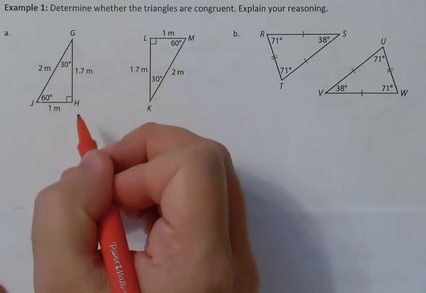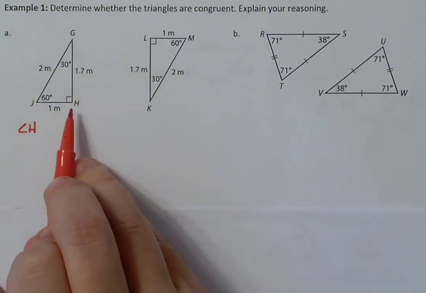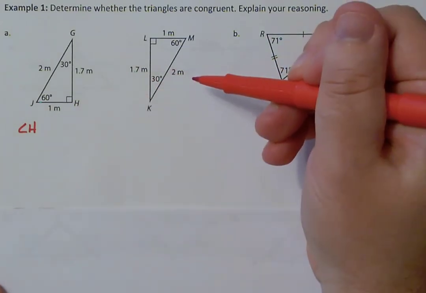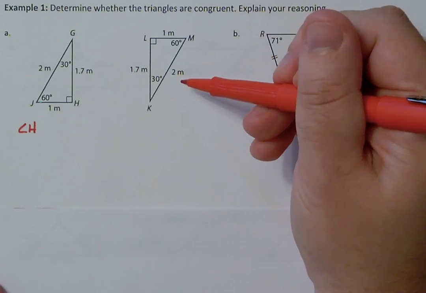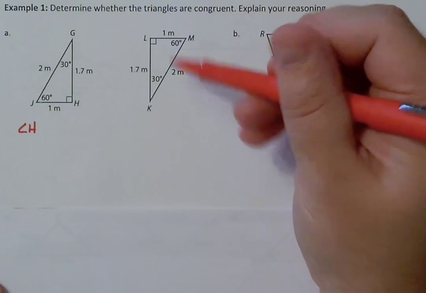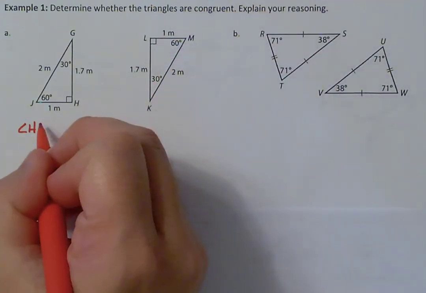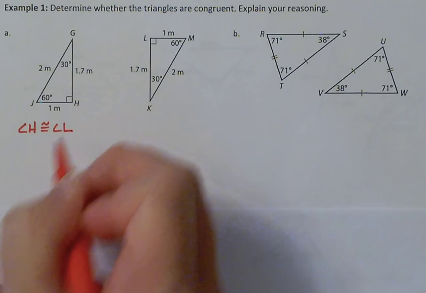Let's start with angle H. Angle H is a right angle. It's 90 degrees. So if we look in our other triangle, is there an angle over here that is 90 degrees and also a right angle? Well, angle L is a right angle as well. So that means angle H is congruent to angle L.